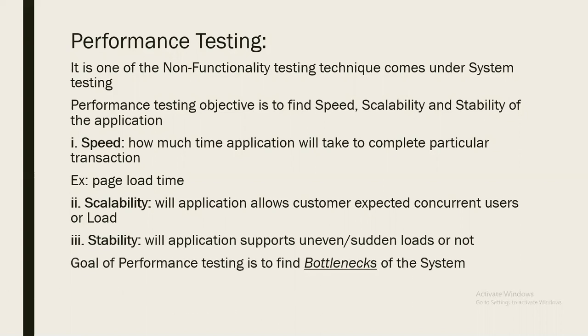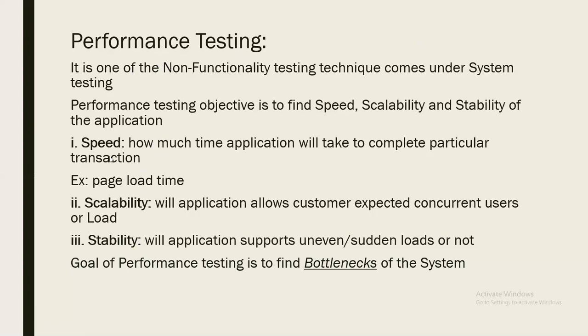The major objective or goal of performance testing is to find bottlenecks of the system. Bottlenecks means the factors which may degrade the performance of the application, and we need to identify those. The major things we consider during performance testing are speed, scalability, and stability.